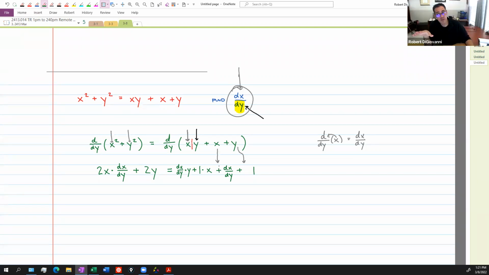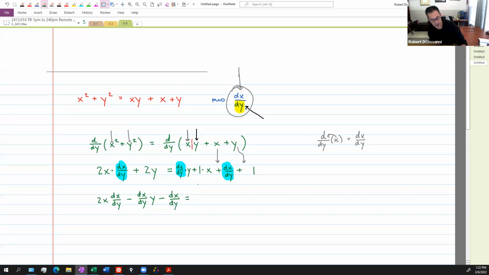Do y'all have questions? Algebraically, I can take these dx dys and get them on one side and everything that doesn't have dx dy to the other side. I'm going to do that right now. I have the 2x dx dy. I'm bringing over from the other side a dx dy times y, and a dx dy that was by itself.